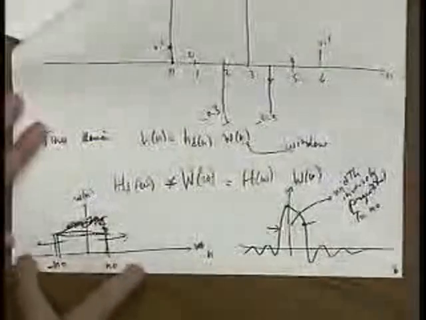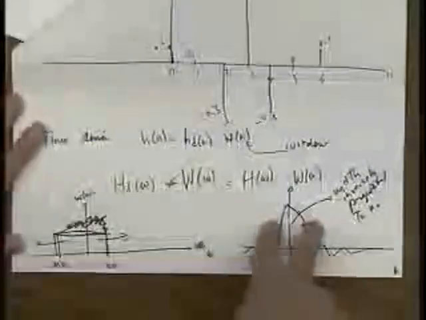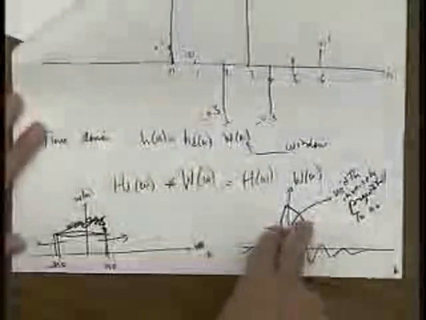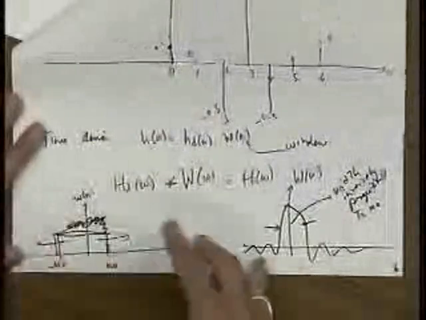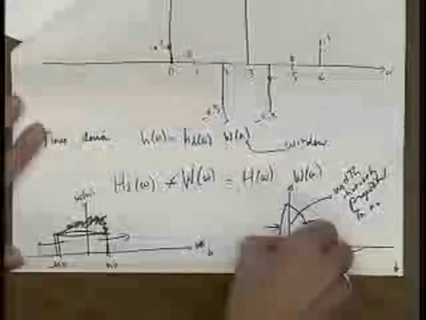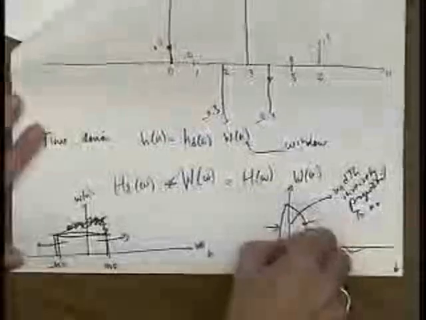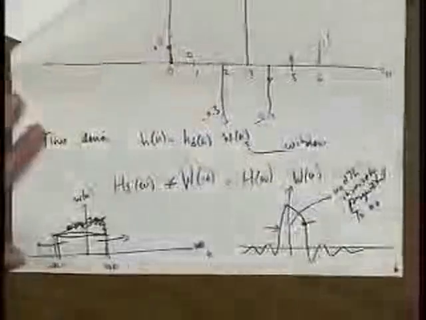The width of the main lobe here is inversely proportional to n0. So the longer the duration of the window, the narrower the main lobe. In the limit, when this window becomes infinitely long, this approaches a delta function, which means you're convolving with a delta function, so the ideal impulse response is the same as the actual impulse response you end up getting.